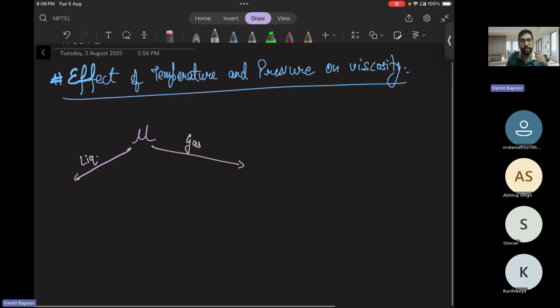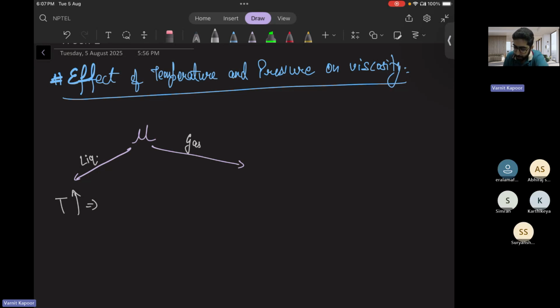We have seen that with increase in temperature, the viscosity of liquid decreases.